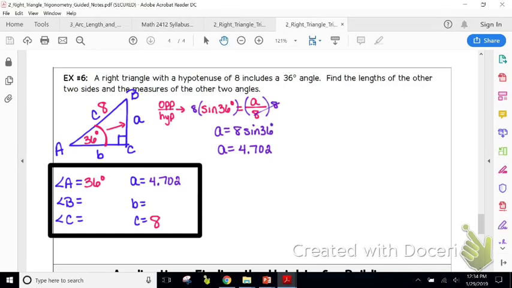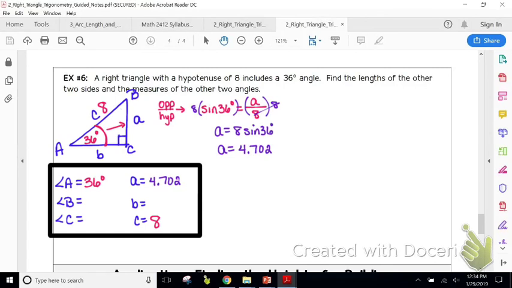Alright, so let's go ahead and do side b. If I'm looking for side b, I always use what they gave me. If I use an angle or a side that I found and I made a mistake in calculating it, the mistake is going to carry on.